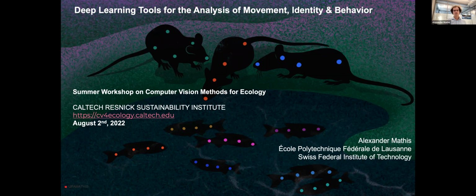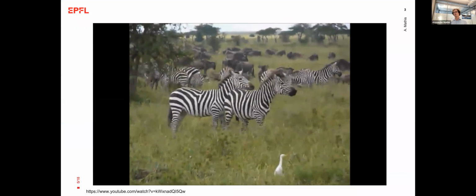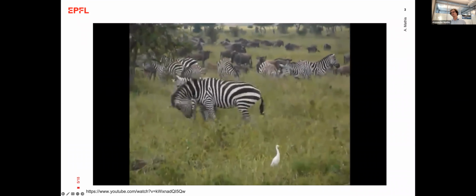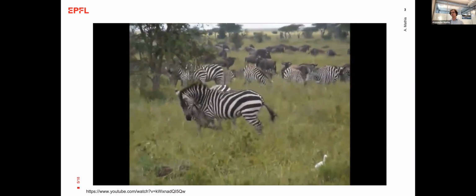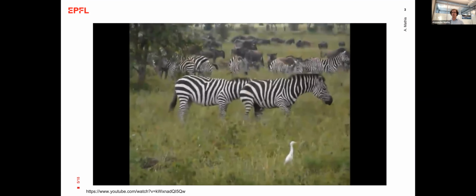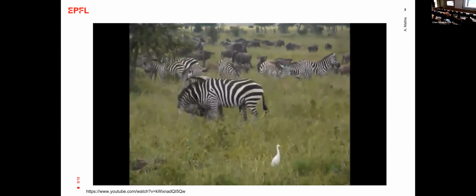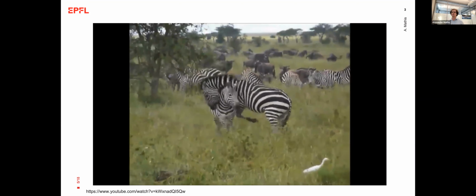So I want to start with this video of 2 zebras, and remind everyone that cameras are a fantastic tool to measure behavior. You can just record videos of animals and what they're doing.